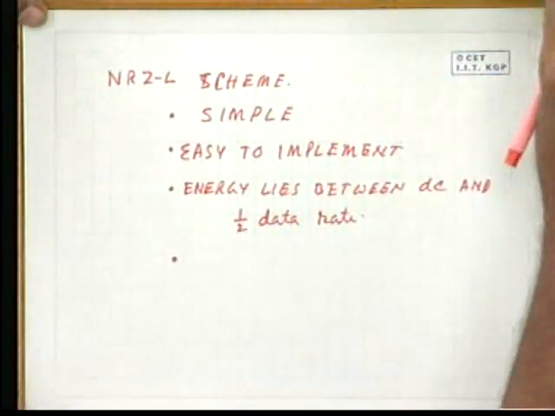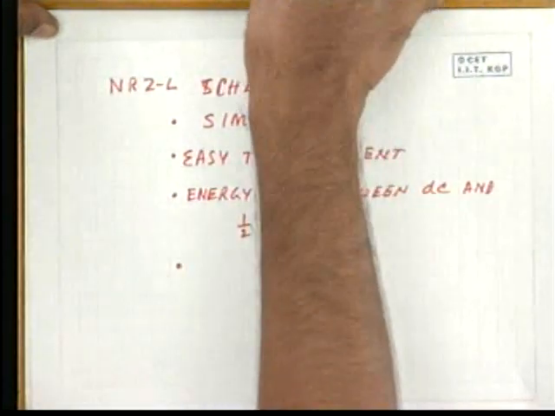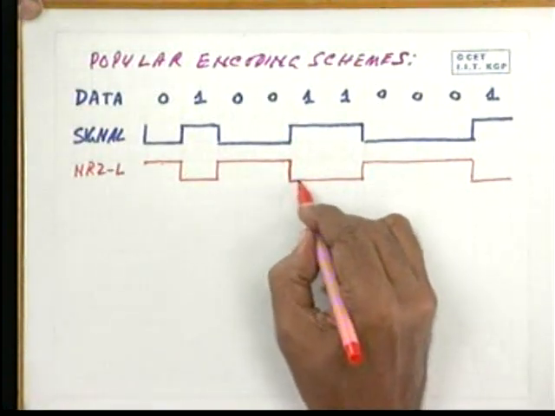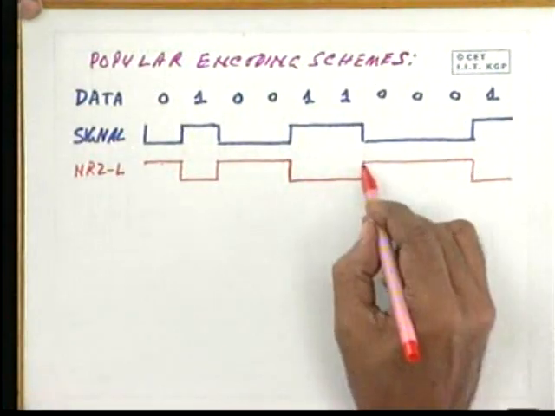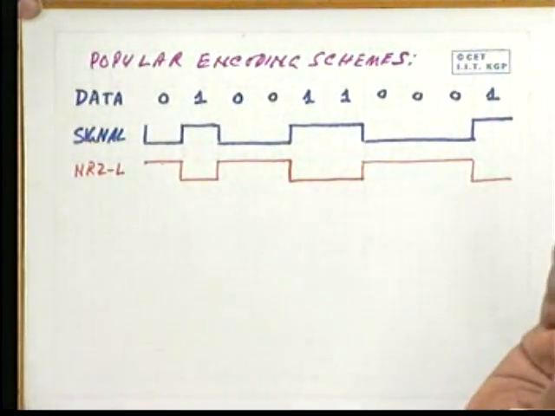What about clocking? In this scheme, you see here, whenever you have long sequences of ones or long sequences of zeros, there is no transition, and as a consequence, in the receiving end, it will be very difficult to regenerate the clock. So synchronization is difficult.